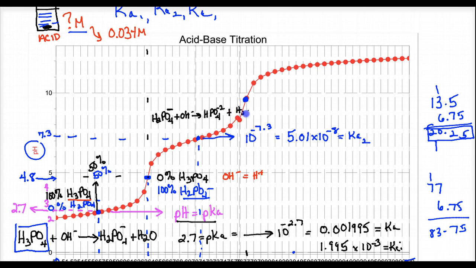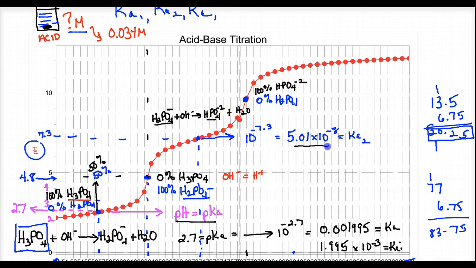And we're driving that forward. So we have 100% H2PO4 negative, and now at this point we have 0% H2PO4 negative, but we have 100%, and you guessed it, HPO4 negative 2. We've driven it all the way from 100% at this point to 100% of that stoichiometrically. And there's my K2.